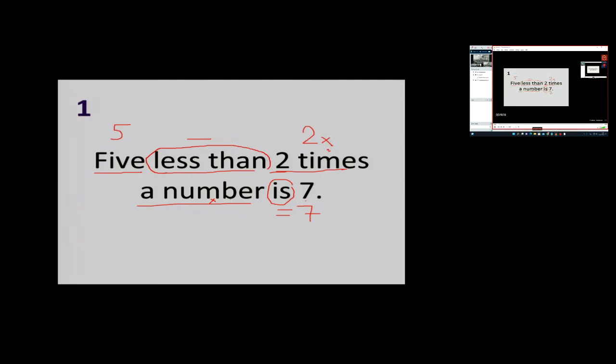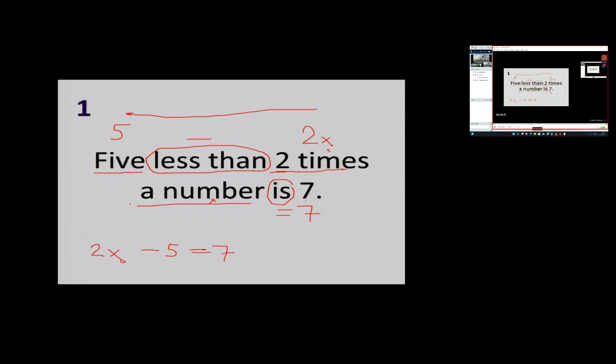Less than. What is the direction of less than? So this will be 2x minus 5 is equal to 7.